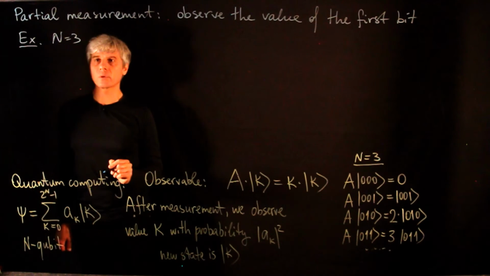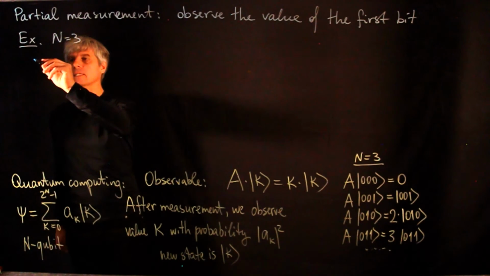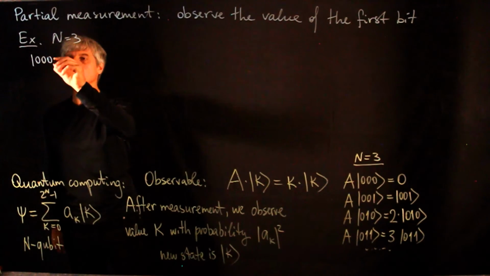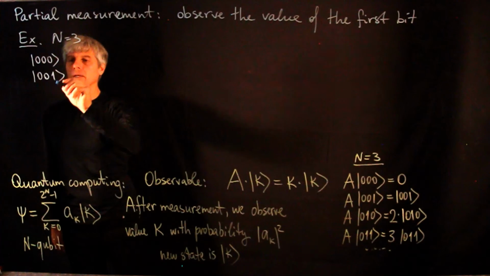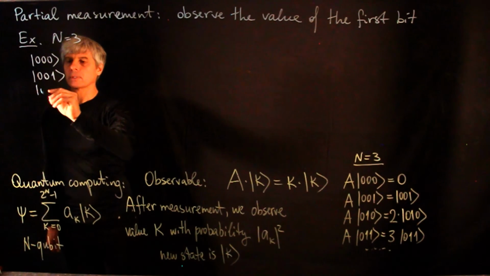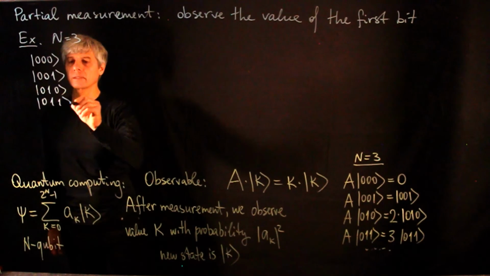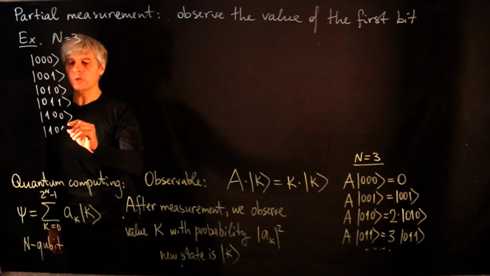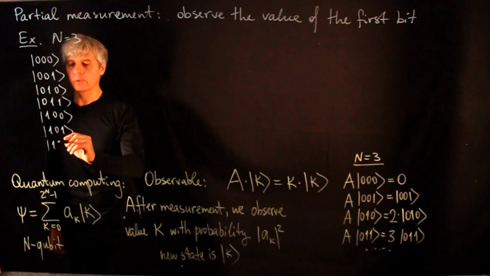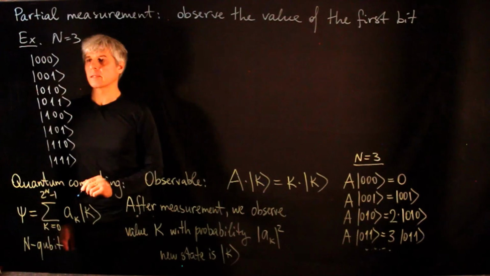And so what do we have here? So the basis is going to be 000, 001, 010, 011, 100, 101, 110, and 111.